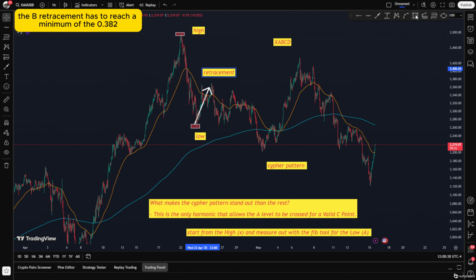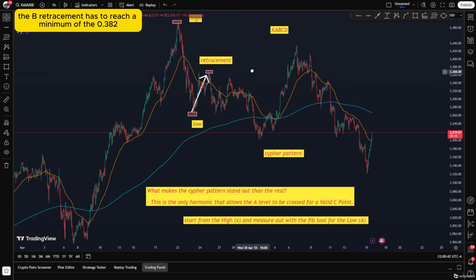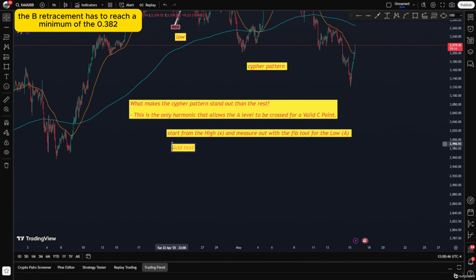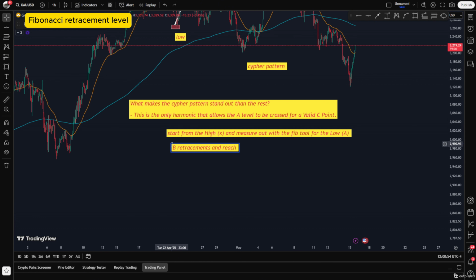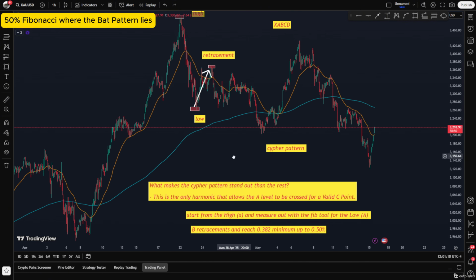The B retracement has to reach a minimum of the 0.382 Fibonacci retracement level, but it can push up to the 0.50 Fibonacci where the bat pattern lies.